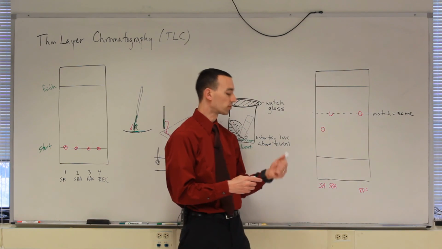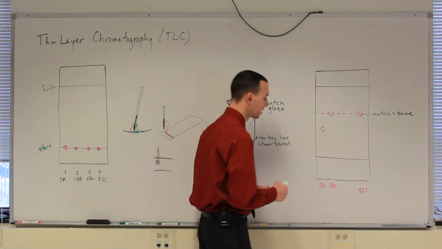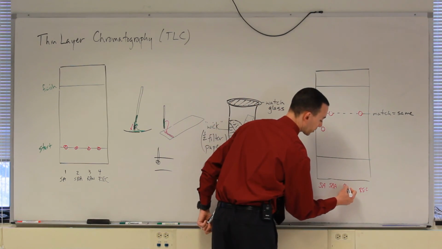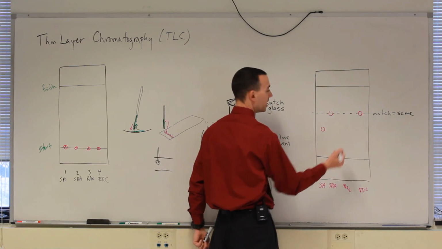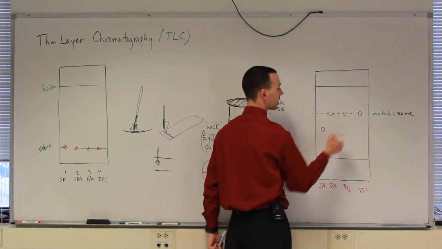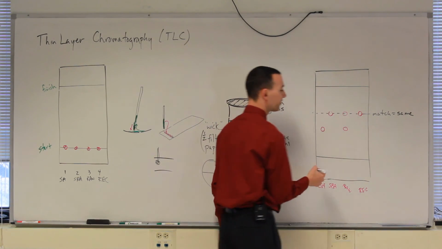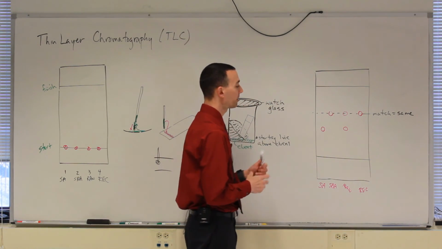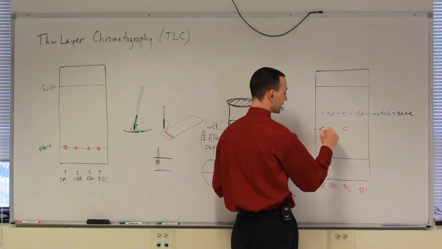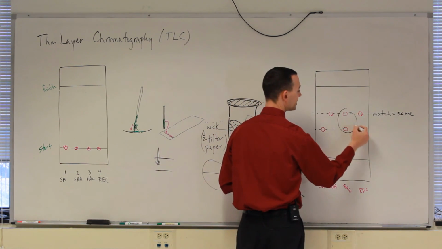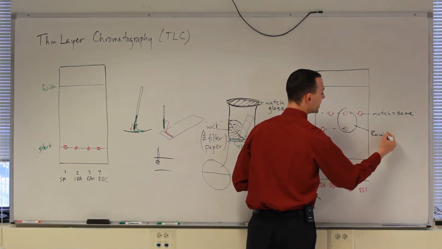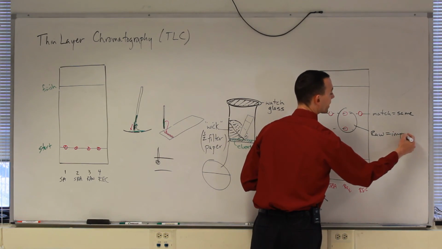Okay. Now your raw sample, we're not quite sure what's going on with our raw sample. So maybe, hopefully we have some raw aspirin there, but maybe you would have some salicylic acid left over there. So again, because there's a match, what that would mean is that your raw, in this case, is impure.